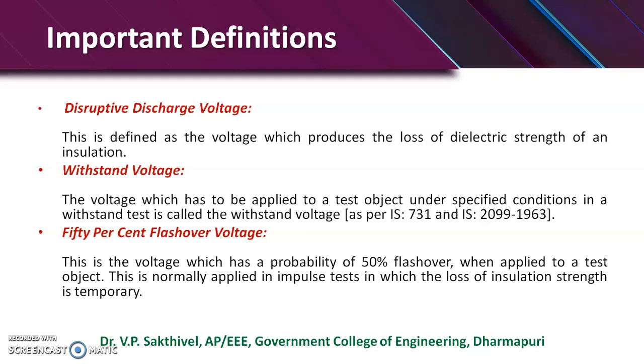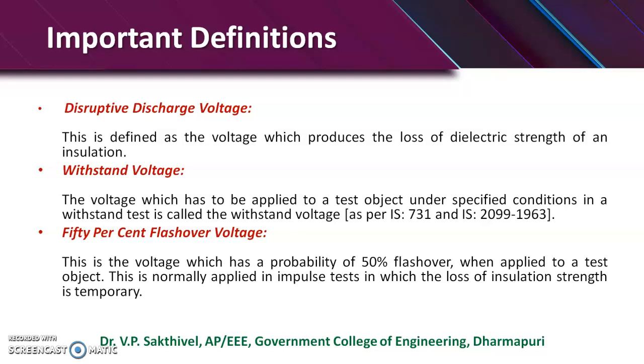Before we discuss the testing of various electrical equipments, we see the important definitions according to the standards. These standards use technical terms which need to be defined for a clear understanding of the test procedures and conditions under which the test is to be performed. The first term is disruptive discharge voltage.